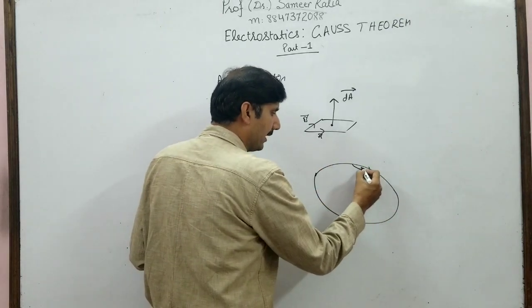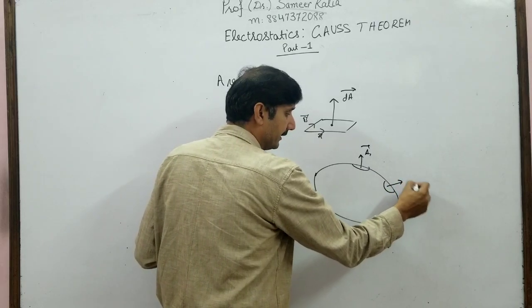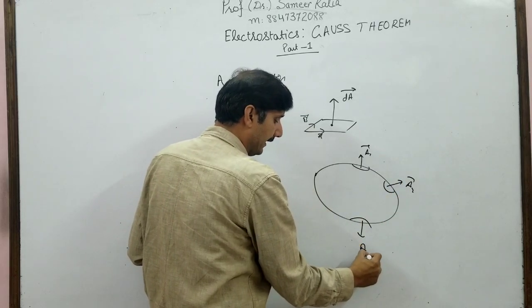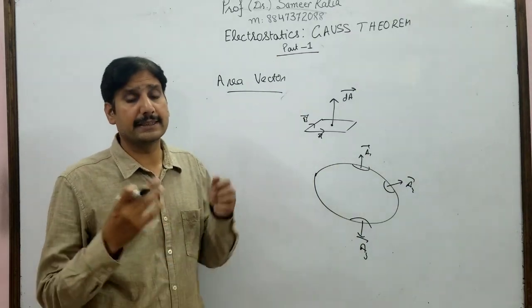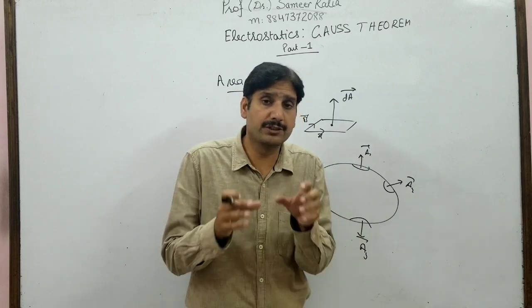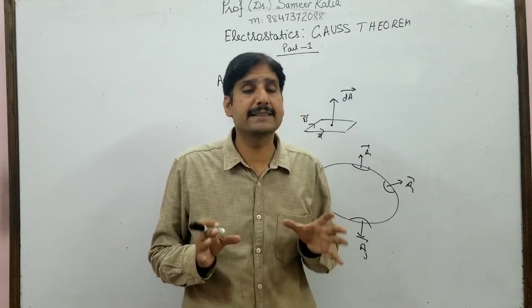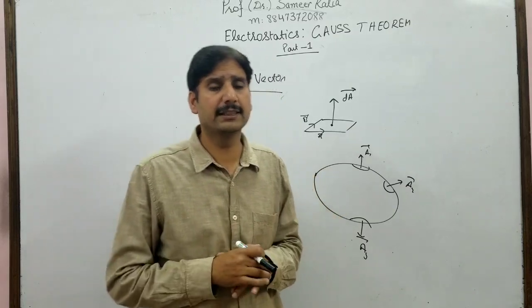Now this part has area vector A1 in this direction, this will have in this direction, this will have in this direction, and so on. So area vector is a vector which has a magnitude proportional to the surface area and its direction is perpendicular to the surface. It's as simple as that.